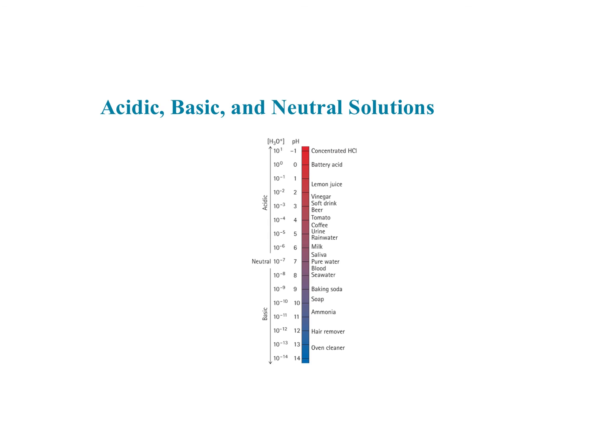And so you can see pure water, saliva, milk, rainwater, these are becoming more and more acidic all the way up to lemon juice, battery acid, and concentrated hydrochloric acid. On the basic side, you've got pure water and then blood, which is slightly alkaline, seawater, baking soda, etc.